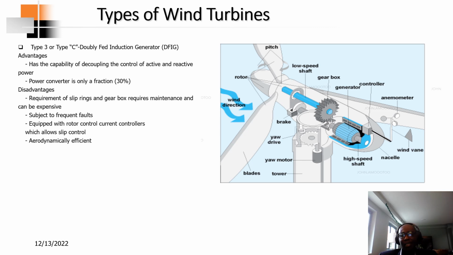What does it mean? Because of the power electronics that is utilized to control this wind turbine, it makes it very aerodynamically efficient. Also, the variable frequency voltage that is applied to the rotor basically allows two rotor currents, and that is in the direct axis and the quadrature axis, and also the control of the speed of the rotor.